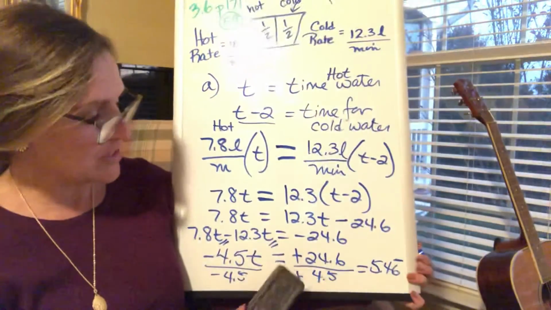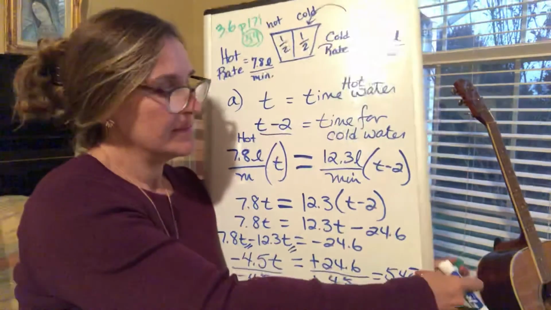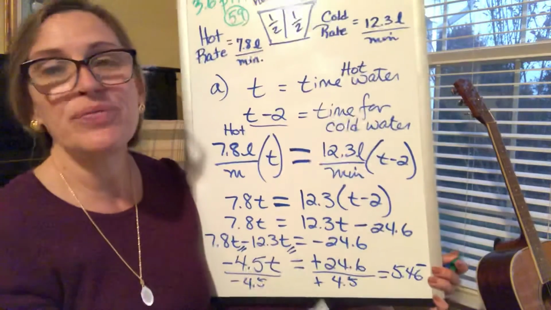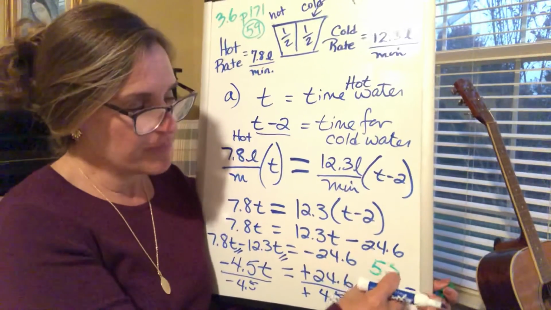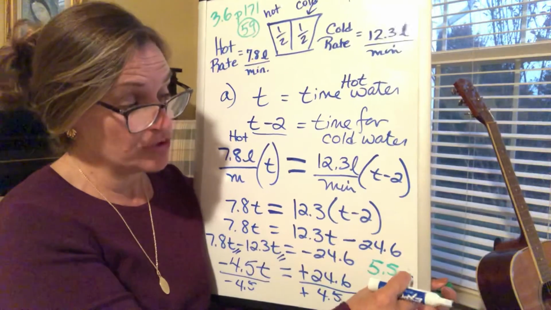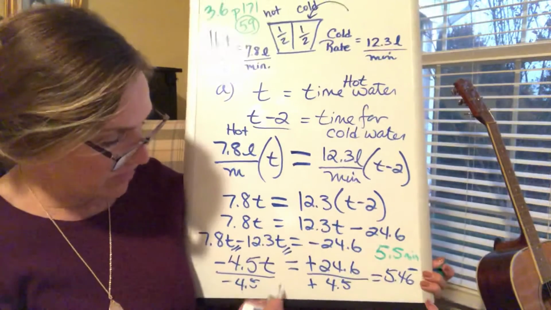And now I need to just make sense of it, okay? So if I'm going to make sense of that, I would round that to something that makes more sense. I would just say, oh, well, that's really like 5.5 minutes, and this is measured in minutes. And what did I solve for?